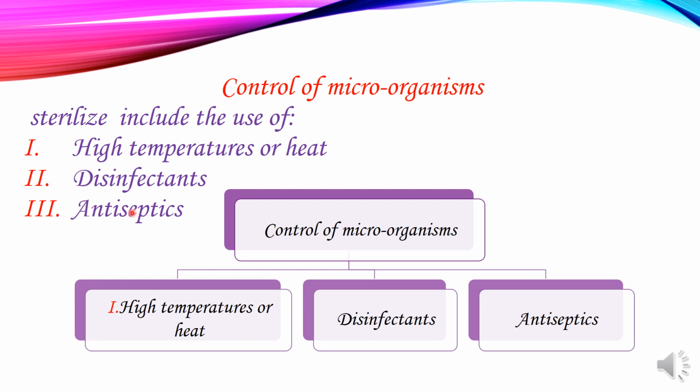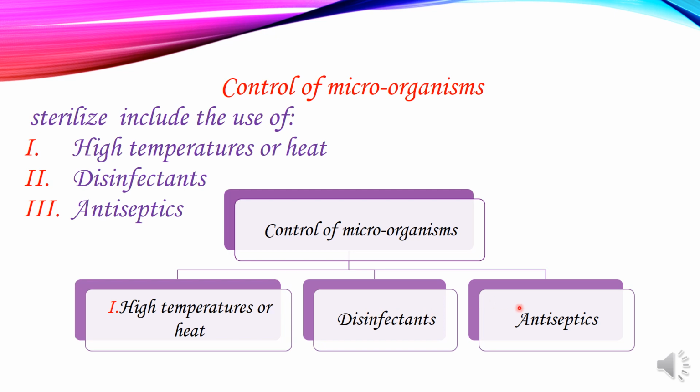So as a mind map or a general map, you can summarize the ways to control microorganisms just like this. Control of microorganisms means sterilization, and it can be achieved by three means. The first, high temperature or heat. The second option is using disinfectants.